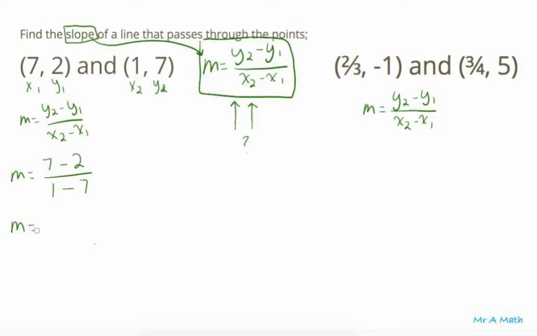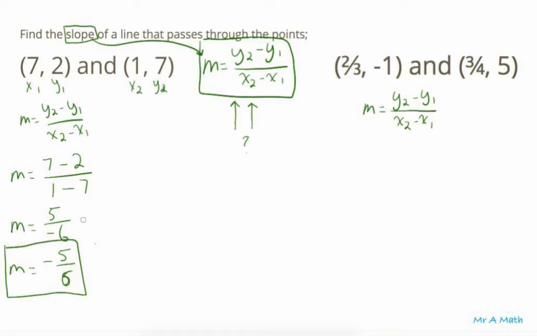Okay, so 7 minus 2 is going to result in 5 for me, over 1 minus 7, which will be negative 6. So my fraction will simplify down to just negative 5 over 6.